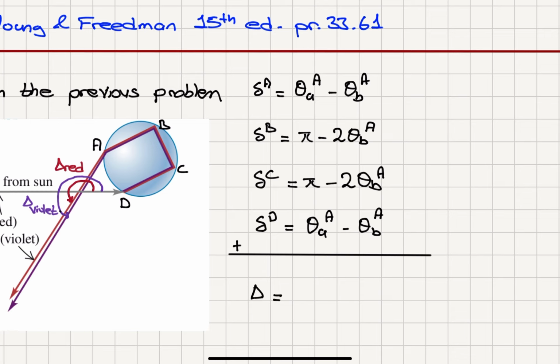It is twice the angle of incidence at point A, 2 theta A, minus 6 times the angle of refraction at point A, plus 2 pi.